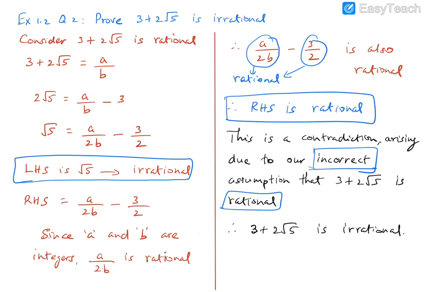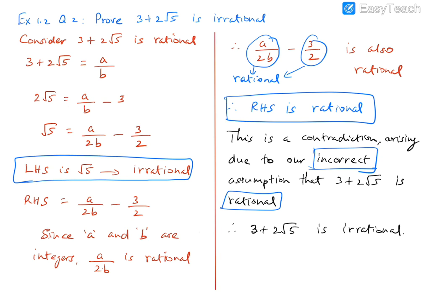as a rational number. So we can write 1 over root 2 in the form a by b, where a and b are integers with no common factor between them, and b is not equal to 0. In other words, we can write this as b is equal to root 2 times a, where a and b are integers.